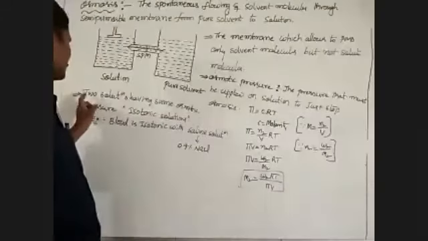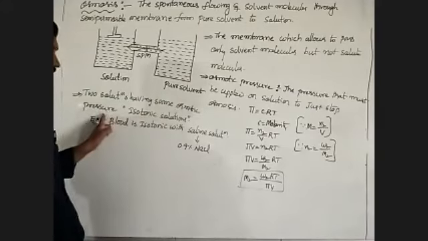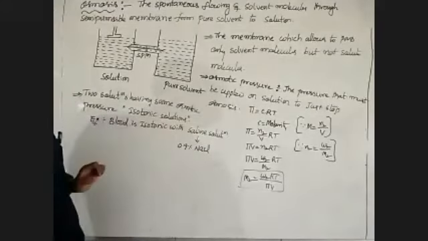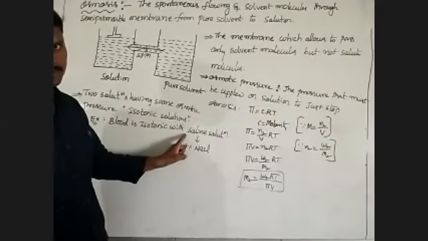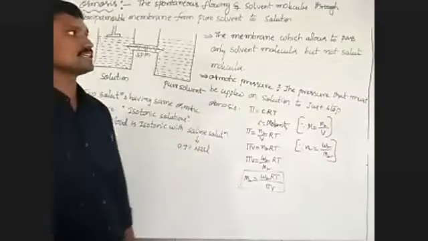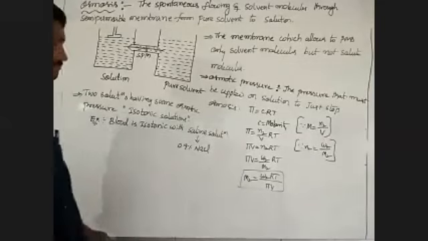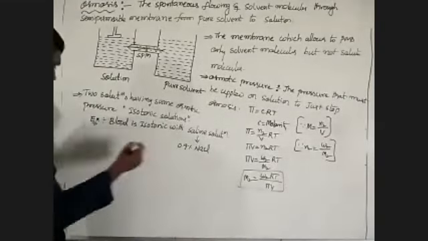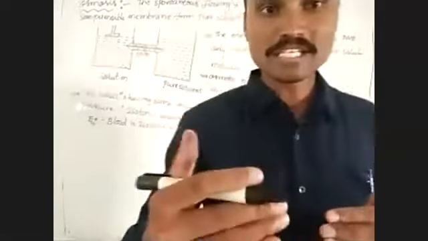Okay. Next, any two solutions having the same osmotic pressure are called isotonic solutions. For example, blood is isotonic with saline solution. Here, saline means 0.9% NaCl. Suppose a solution contains more than 0.9%.